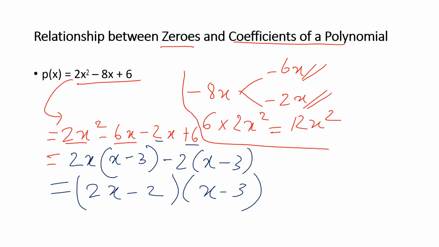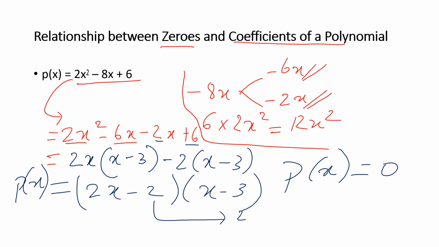So now we have got two factors. What we will do is we'll take the value of p of x as 0, so we can find the value of x then. From this we will get 2x minus 2 is equal to 0, which implies x is equal to 2 by 2, which is nothing but 1.